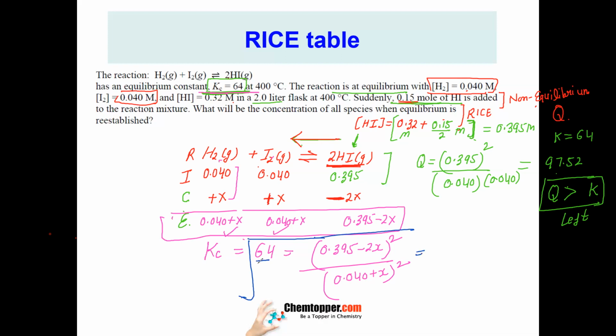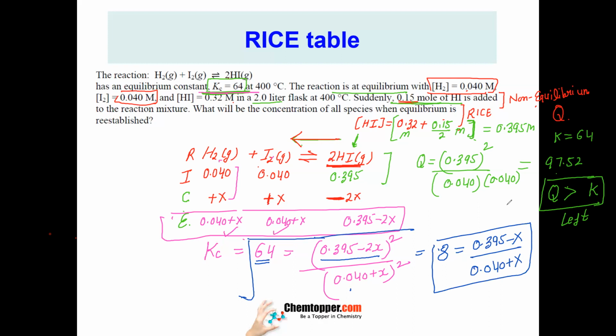What is the square root of 64? 8. What is the square root of this number? 0.395 minus x. What is the square root of this? 0.040 plus x. You plug in your calculator or you do algebra. My advice is again, please start using your graphing calculator.